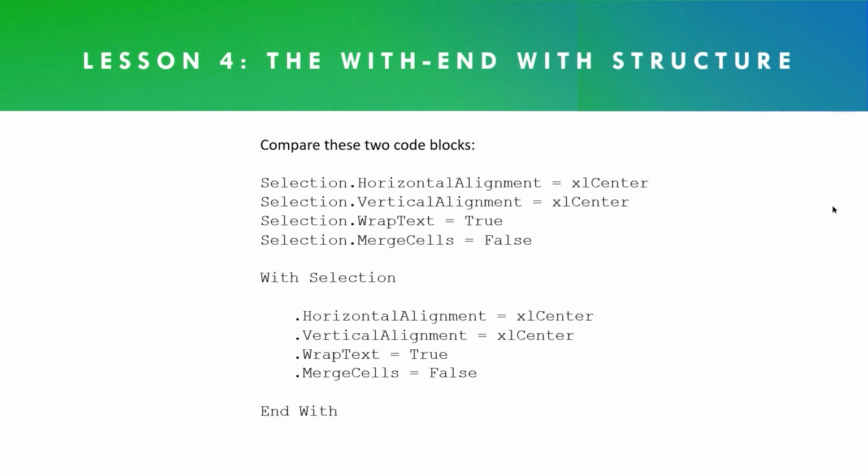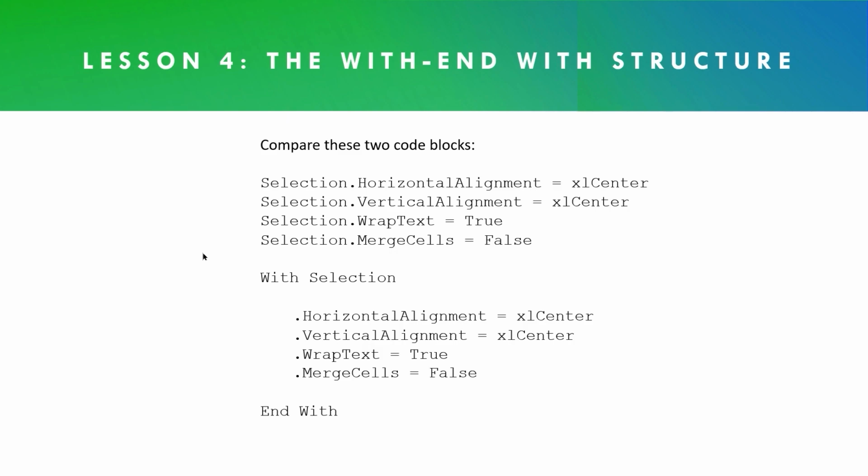Before we can do that, you need to learn a little bit more about the With...End With structure and the Offset property. So we're going to compare these two code blocks on this slide. The first one is showing the word Selection typed on every line, followed by a dot, and then you have your horizontal alignment, vertical alignment, and their settings, and so on and so forth.